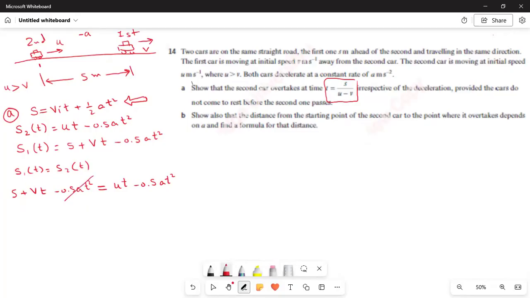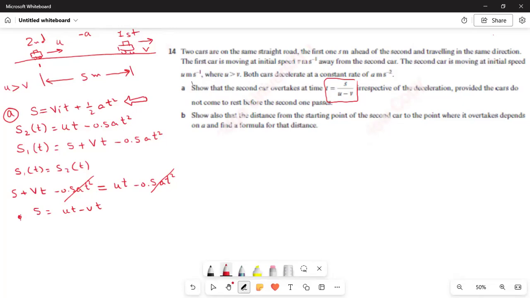So you see, this will cancel with this, straightforward. And if I bring this vt to the right side, it's going to be s equals ut minus vt.